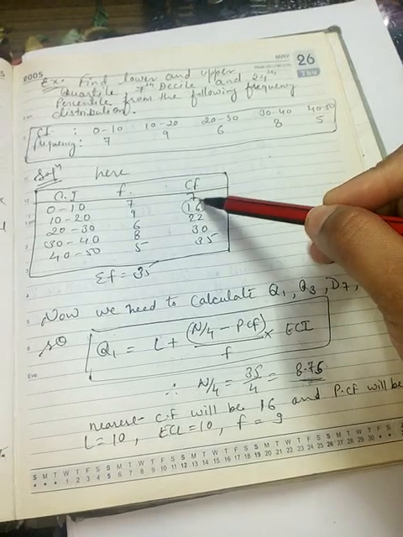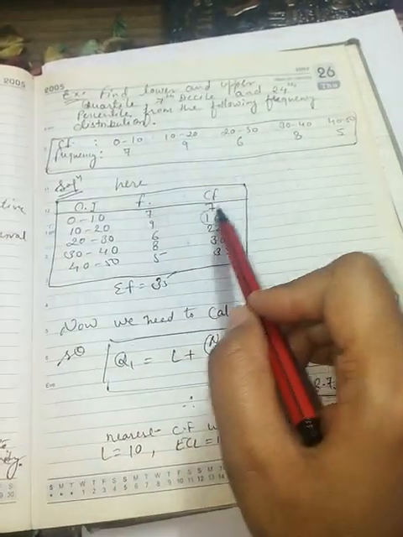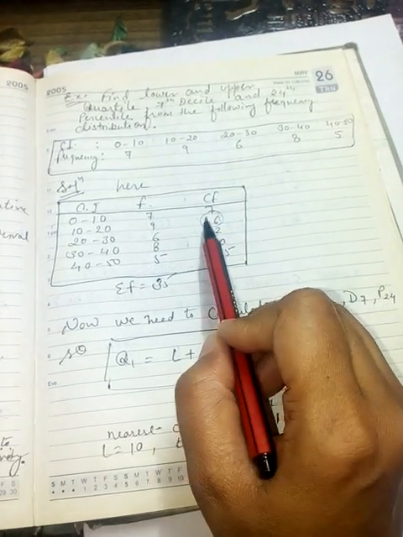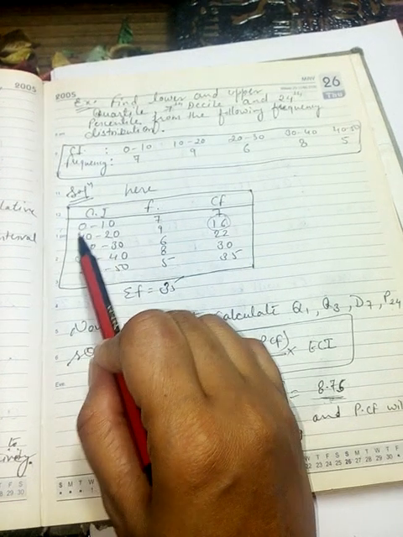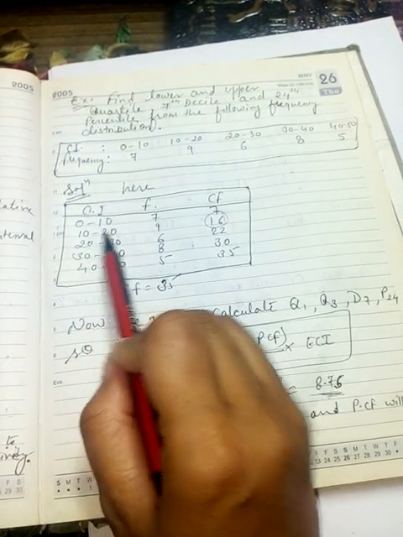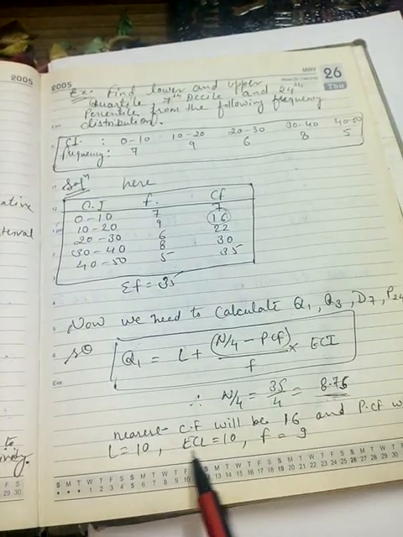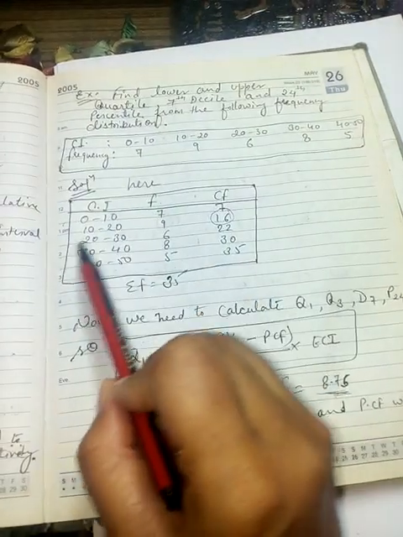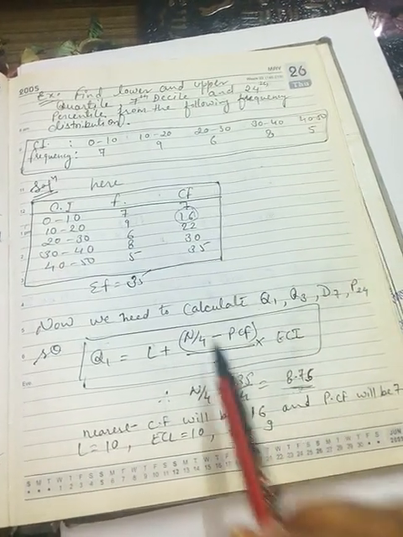So the value of PCF will be 7. The frequency I have captured in the cumulative frequency and the corresponding lower limit will be L. The value of L will be 10, the value of F will be 9, and the equal class interval will be 10. So after substituting all these values in the formula, L will be 10.